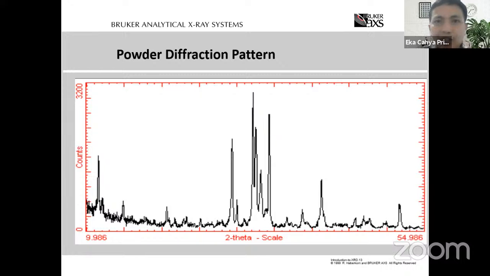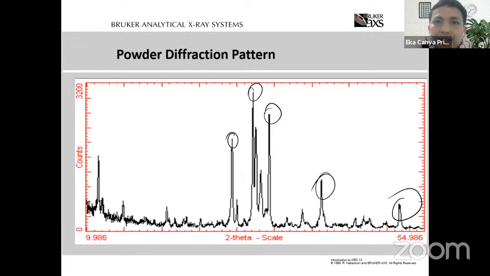When the electrons scatter at a different angle, we call it 2 theta. The intensity of the wave received by the detector, the energy, is counted, and we will see its peak. The peak will indicate the crystal lattice and crystal structure.